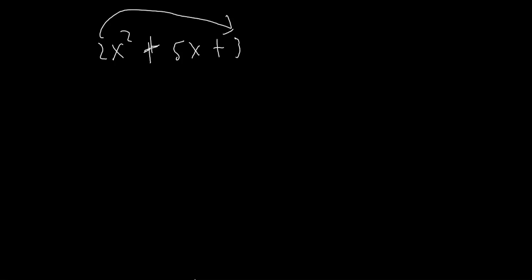If you factor out the 2, it would be 2 times the quantity of x squared plus 5 over 2 x plus 3 over 2, and that wouldn't really be helpful to us. We can do it that way, but it would be kind of inefficient. So a more efficient way of doing this would be 2 times 3. Okay, and when we do 2 times 3, we get 6.